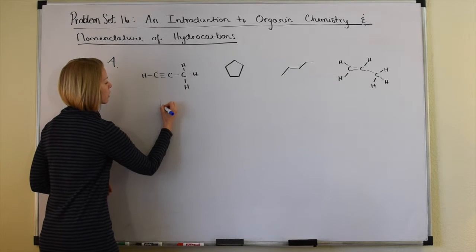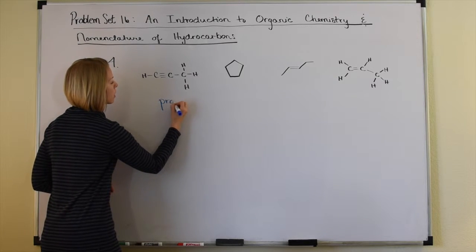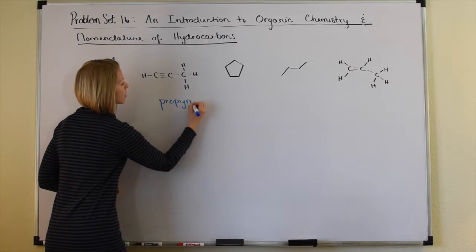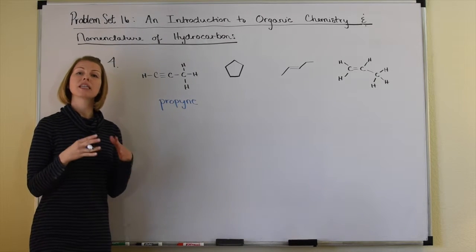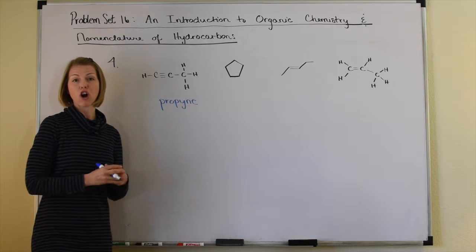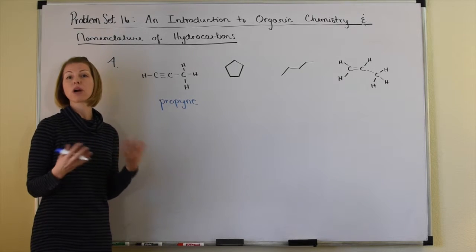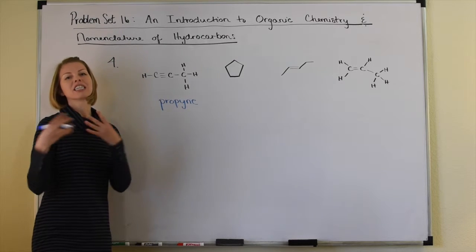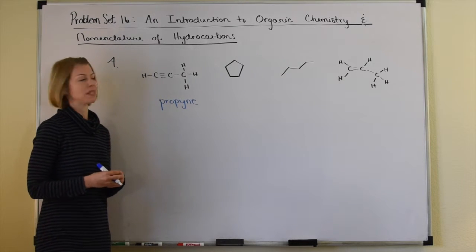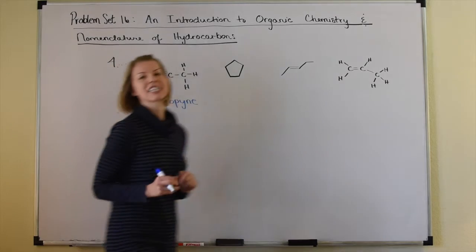Our final answer here is propyne. Now we don't need to specify the location of the triple bond because there are 3 or fewer carbons in the molecule. So we don't run into those different positions for the triple bond until we get to 4 or more carbons.